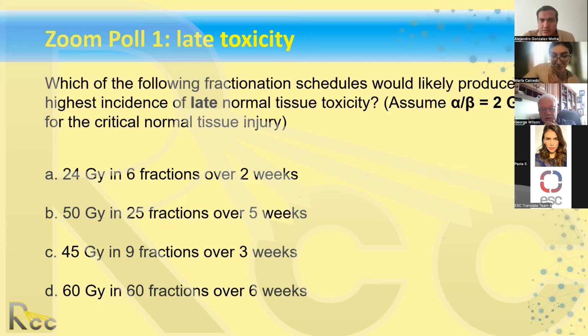And they're also in different overall treatment times. So I know you haven't got the calculators handy, so you really just have to think about the concept. Again, a late responding normal tissue is going to be much more sensitive to hypofractionation and isn't going to be as sensitive to overall treatment time.